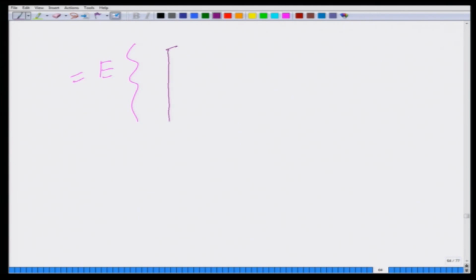If I expand this, W bar W bar Hermitian is an R cross R matrix. The 1 comma 1 element is magnitude W1 square, 2 comma 2 is magnitude W2 square, and so on up to magnitude WR square, and the off-diagonal entries are W1 W2 conjugate, W2 W1 conjugate, W1 W3 conjugate, W3 W1 conjugate, and so on.